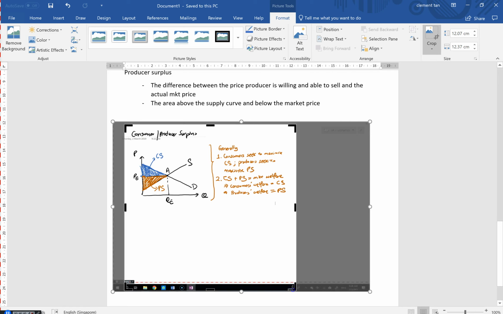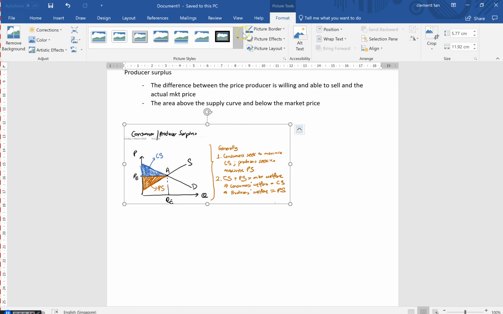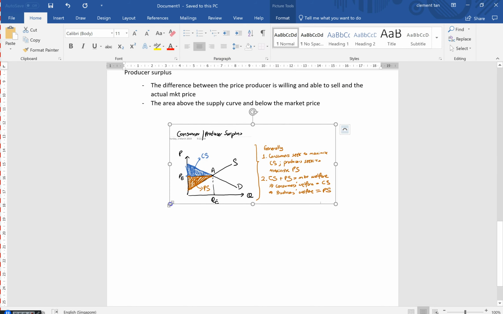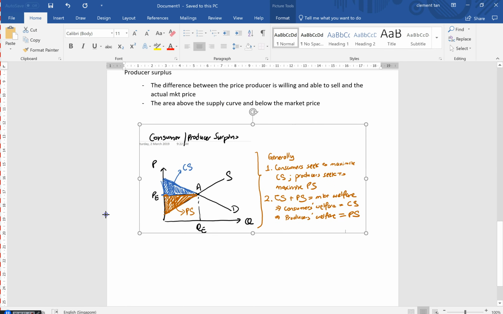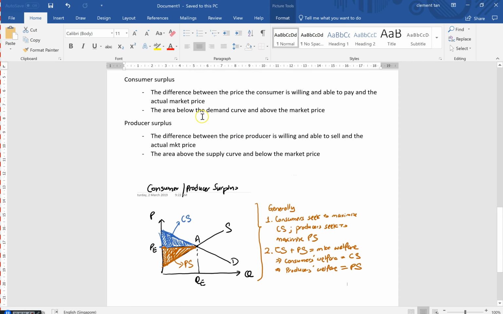Endure a bit more. I just need to go through incidence. Once I go through incidence of tax, it'll be easier already. Incidence of subsidy will be easier for you already. I need to go through this consumer and producer surplus so you understand.